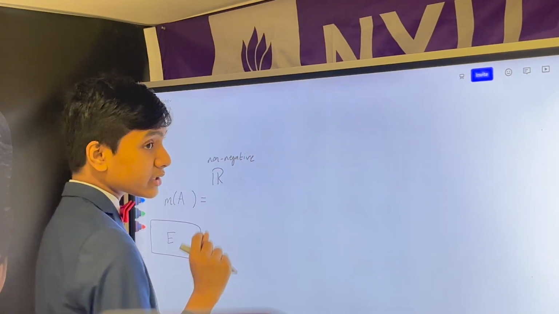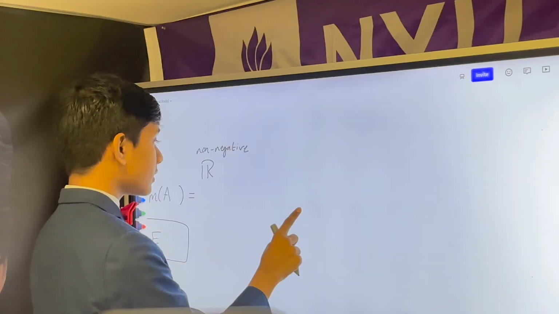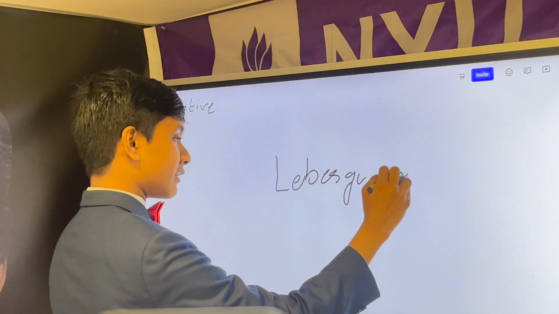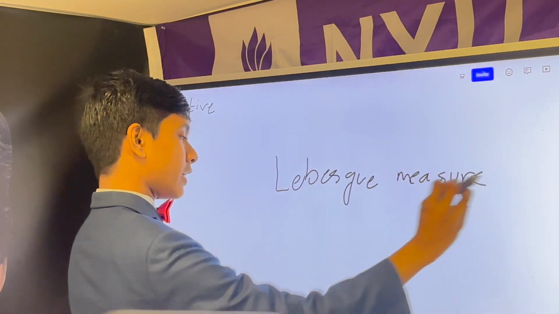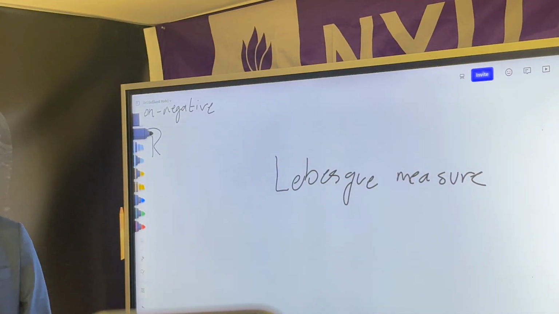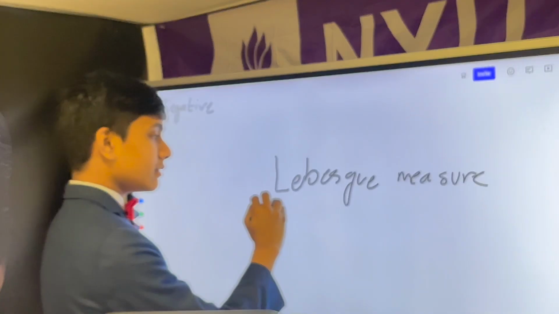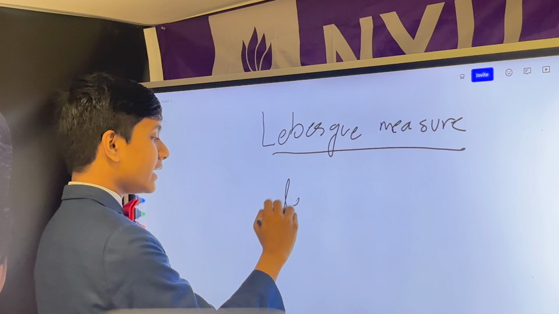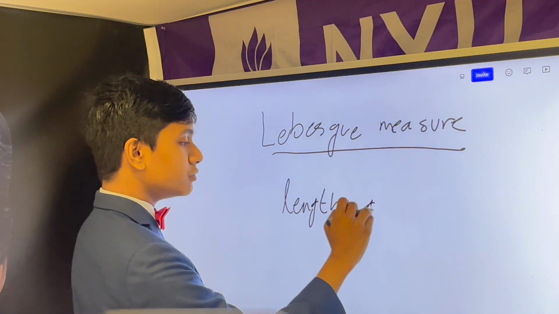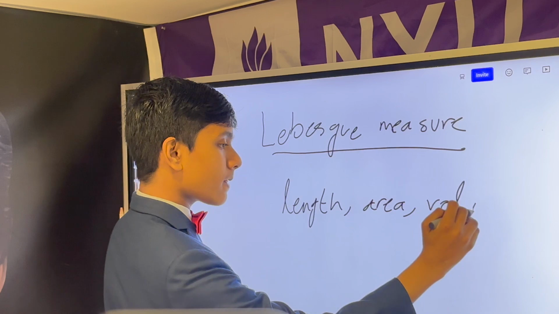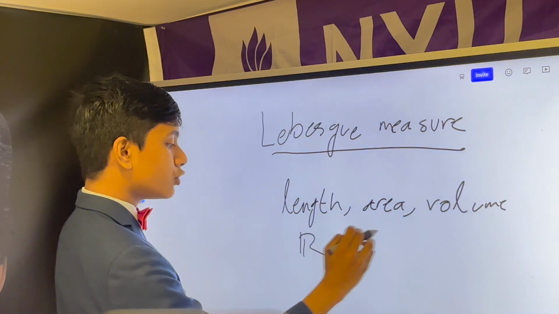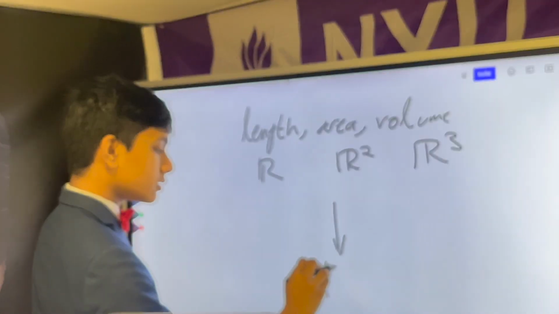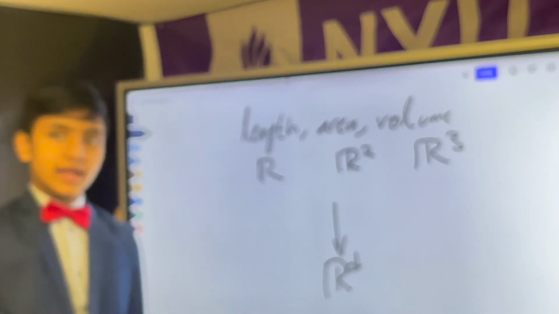So, one of the most important measures in this regard is the Lebesgue measure. I have no idea if I pronounce Lebesgue correctly, but I'll just say Lebesgue measure, right? Because this allows us to generalize our concepts of length, area, and volume in 1, 2, and 3 dimensions, respectively, to any dimension.